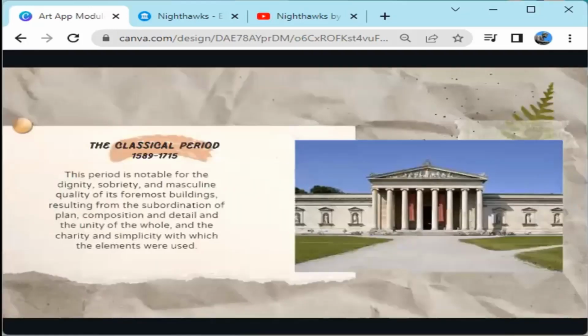Then from 1589 to 1715, the use of beams and columns returned. This period is notable for the dignity, sobriety, and masculine quality of its foremost buildings, resulting in subordination of plan, composition, and detail, and the unity of the whole, and the clarity and simplicity with which the elements were used.